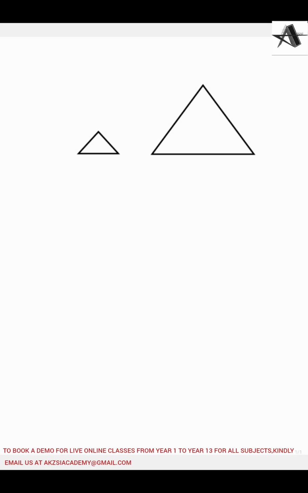So we can say that similar figures are those figures that have the same angles, but when it comes to their sides, they are in ratio. I'm not saying they are just random. Suppose these two triangles are similar, and one side is 2 centimeters and this is 6 centimeters, so they bear a ratio.